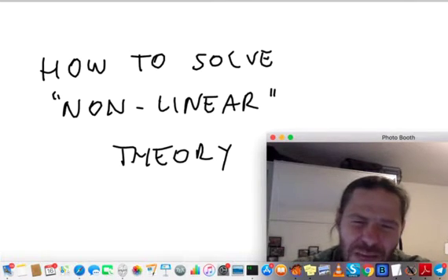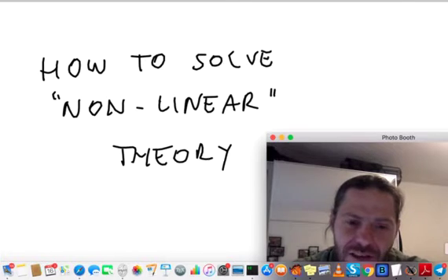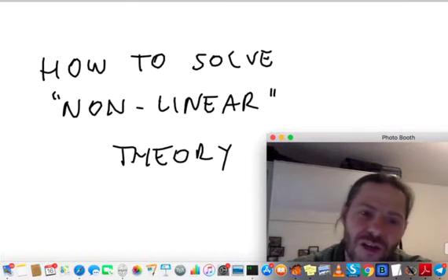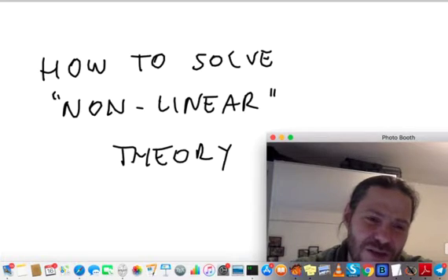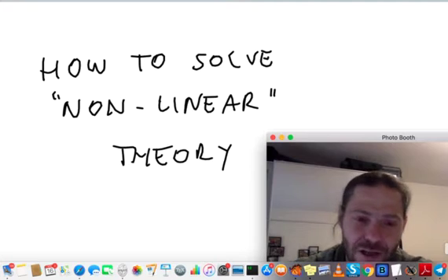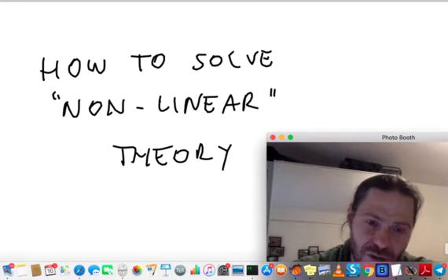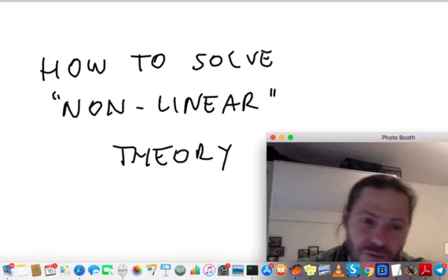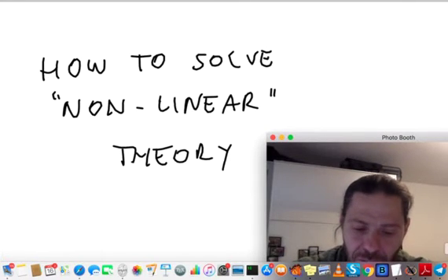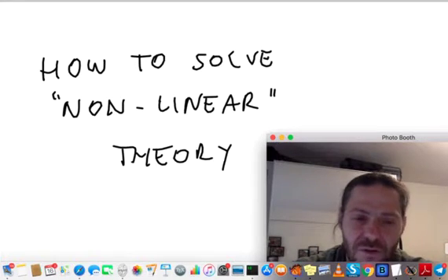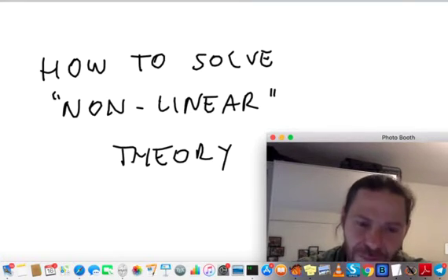So when you speak about nonlinearity in physics, normally you refer to the equations of motion, not to the Hamiltonian. So if you have a quadratic Hamiltonian, the equations of motion, at least at the classical level, are linear. Think about the harmonic oscillator. You have a quadratic Hamiltonian, but then the Newtonian force is linear in the variable. So typically, nonlinear theory means theory with more than quadratic terms in the Hamiltonian.